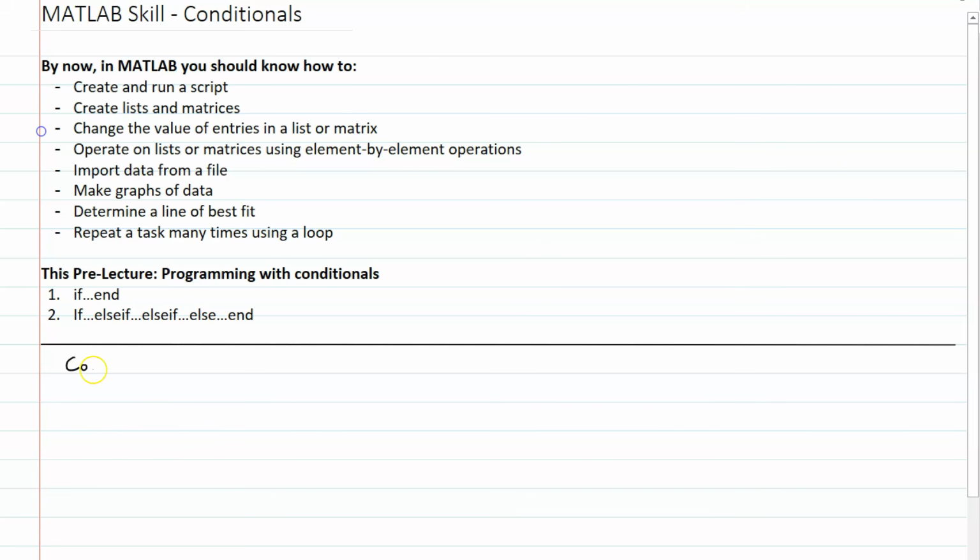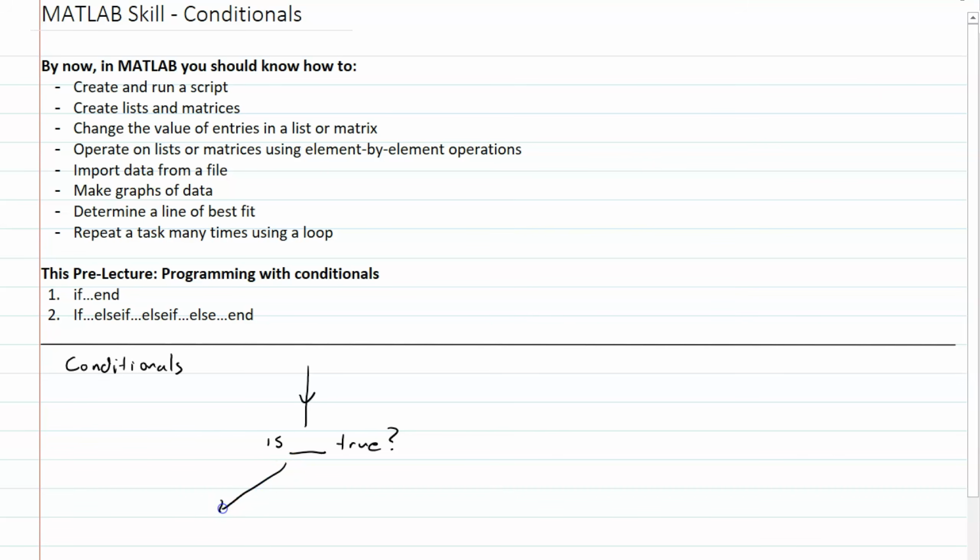So the idea with conditionals, it's like do something under certain conditions. So that's why we call it a conditional. You can think about your code going along and then basically creating a branch here. So is something true? And you specify what it is.